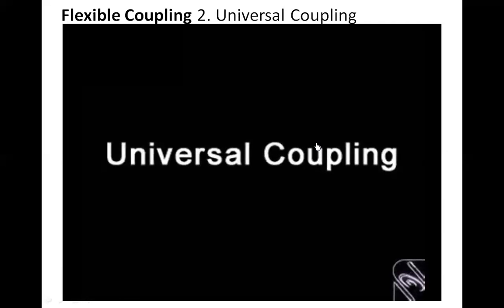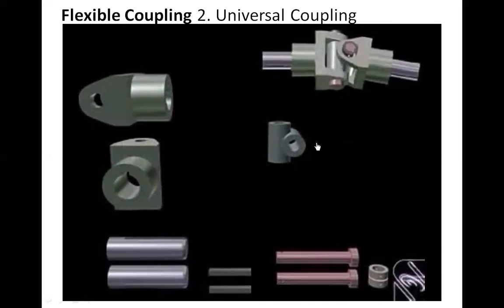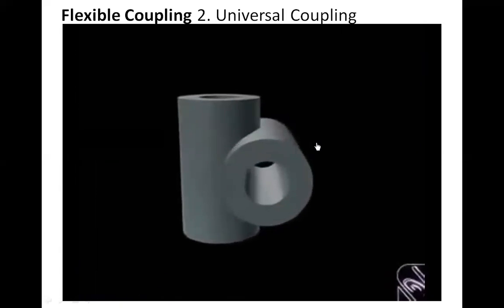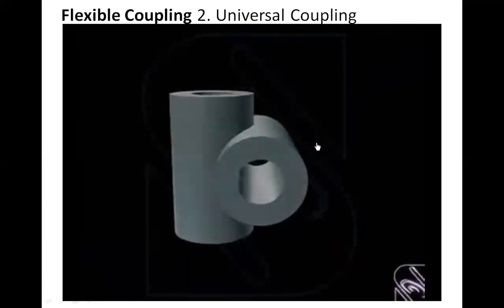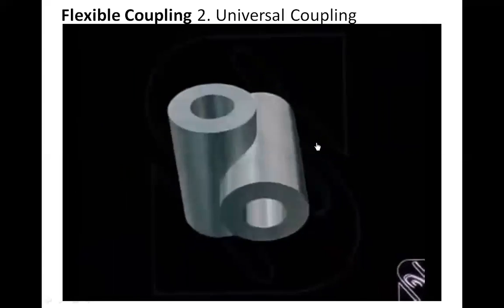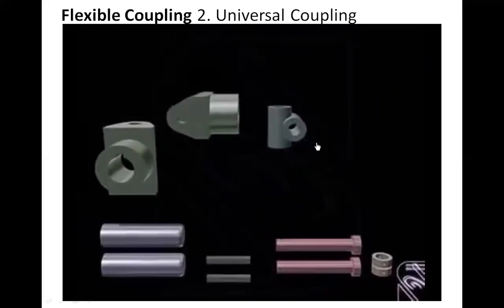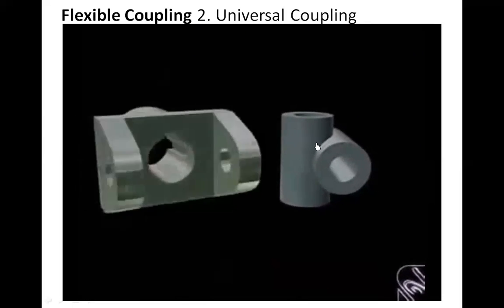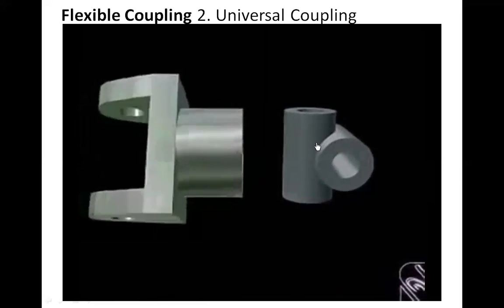Universal coupling. This coupling, also called Hooke's joint, is used to connect shafts whose axes intersect. It has a central block which acts as a pivot member. It also has two forks with the shaft carrying hub made integral. The central block is used to connect the two forks.